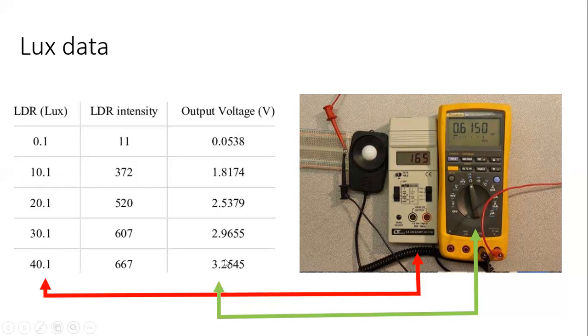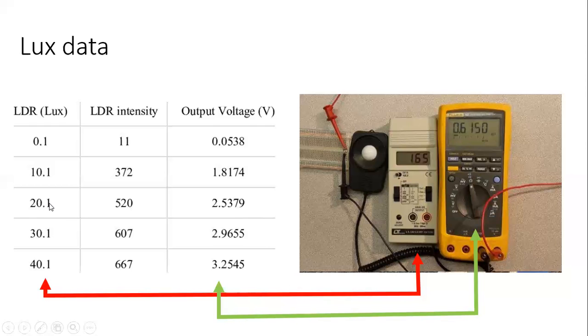Now this is the data from the output of the LDR. So we collect this data. Now we have our real human reading of the lux data, proportional to the analog sensor data. That means when we receive this output from the sensor, our human data display is a lux of 20.